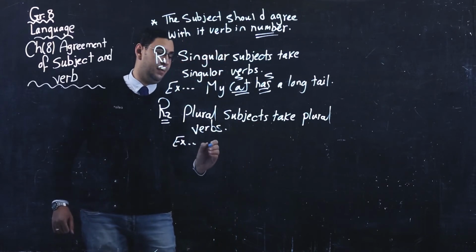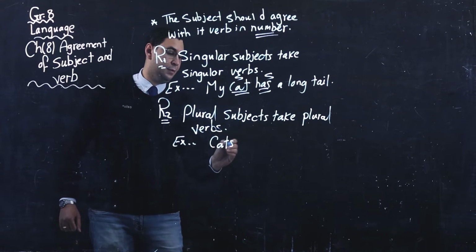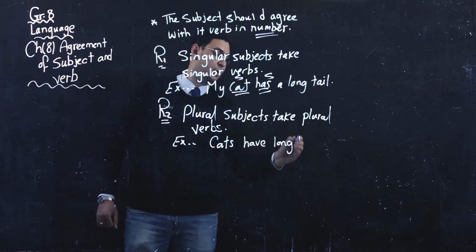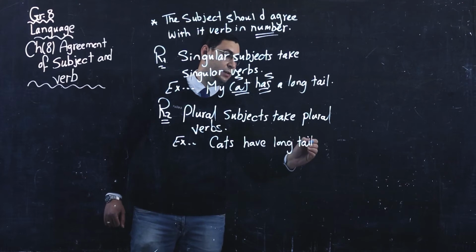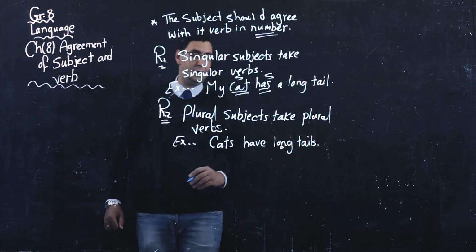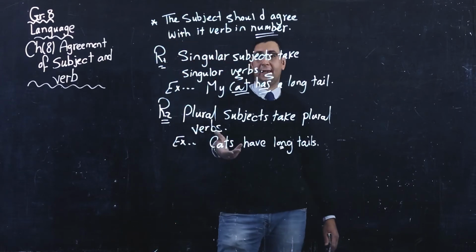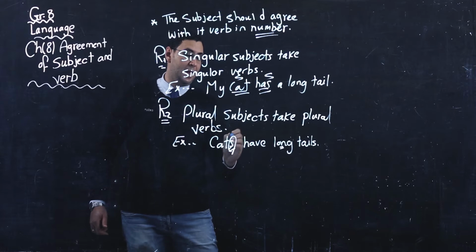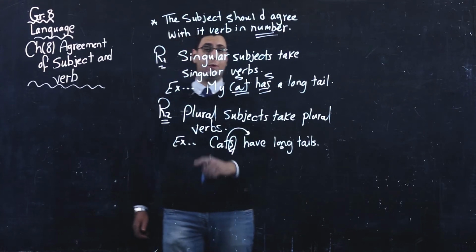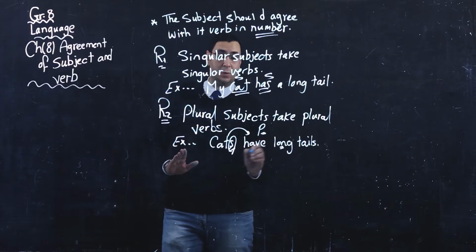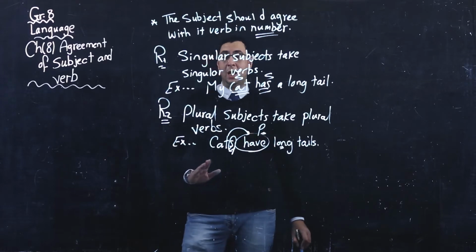So it's going to be cats have long tails. Or it could be fairy tales instead of long. Here the subject is plural, cats, and the verb should agree with the subject in number. It means that the verb must be in plural form, so I write the word have.